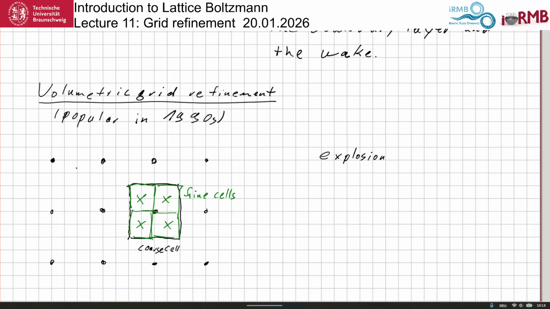I mean, this is funny because nowadays everybody uses artificial intelligence, and unfortunately I do too. I was looking for the patent of this grid refinement, and I asked ChatGPT to give me the patent for the explosion algorithm.